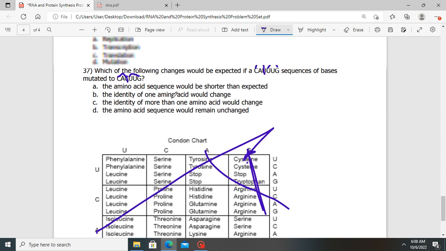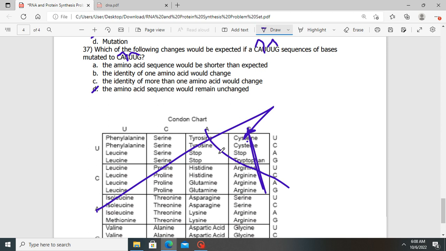Therefore, the answer for 37 is D, because CAC and CAU both code for the same amino acid, histidine. So the amino acid sequence will remain unchanged.